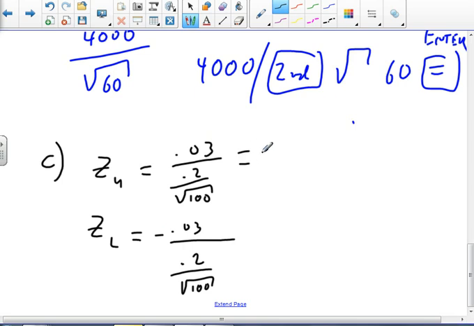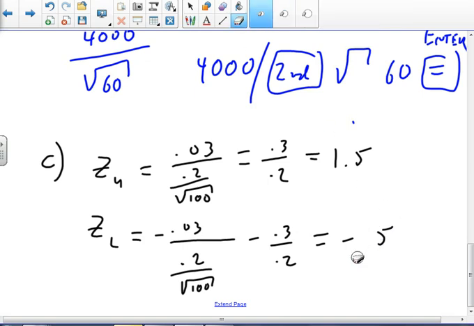Square root of 100 is 10, right? So this is going to be 0.3 divided by 0.2 and minus 0.3 divided by 0.2. So that looks like 1.5 and minus 1.5.